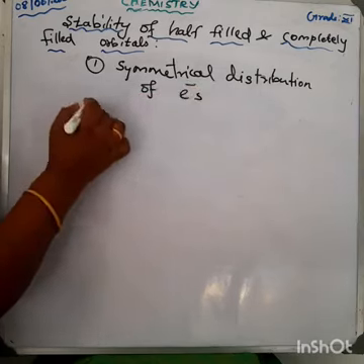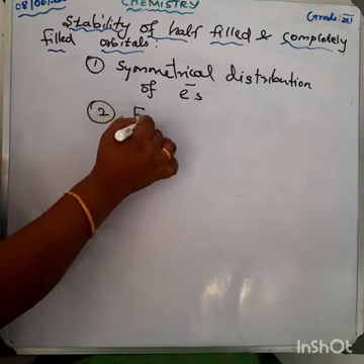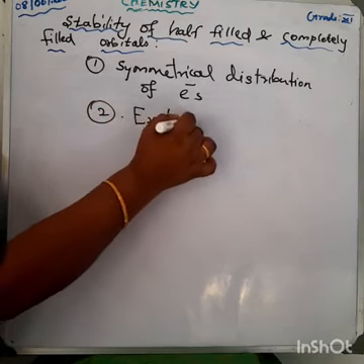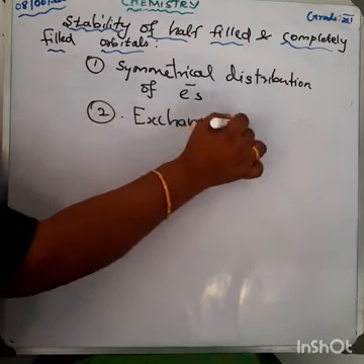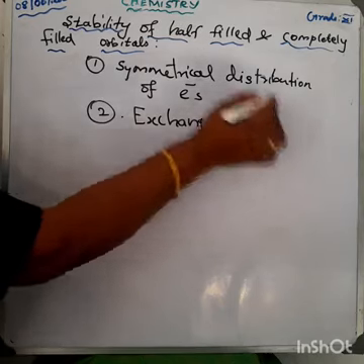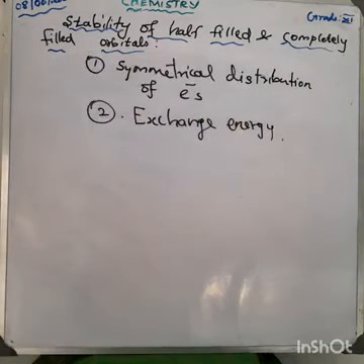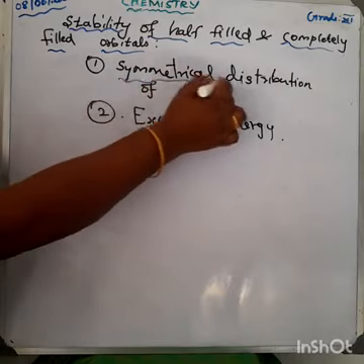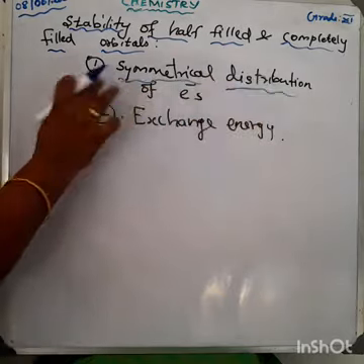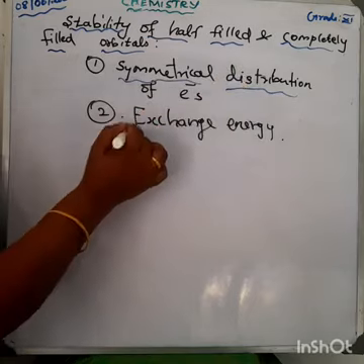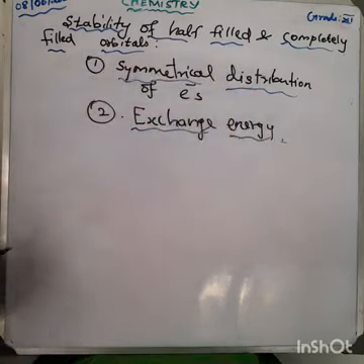Second, exchange energy. Half-filled or completely filled orbitals are more stable because of the symmetrical distribution of electrons between the orbitals and the exchange energy of the orbitals.